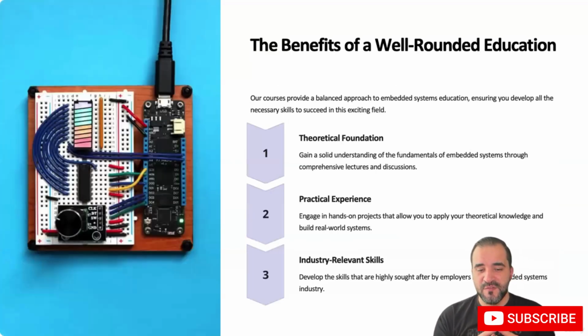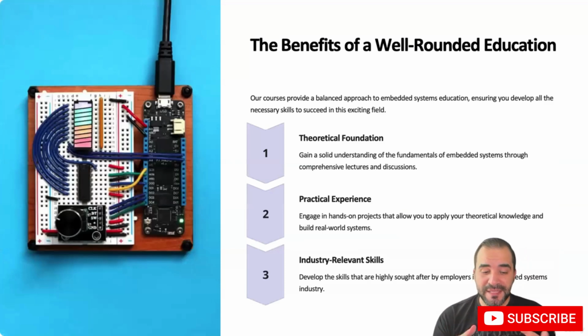Now, what are the benefits of a well-rounded education? Our courses provide a balanced approach to embedded system education, ensuring you develop all the necessary skills to succeed in this exciting field. There's the theoretical foundation. You will gain a solid understanding of the fundamentals of embedded systems through comprehensive lectures and discussions.